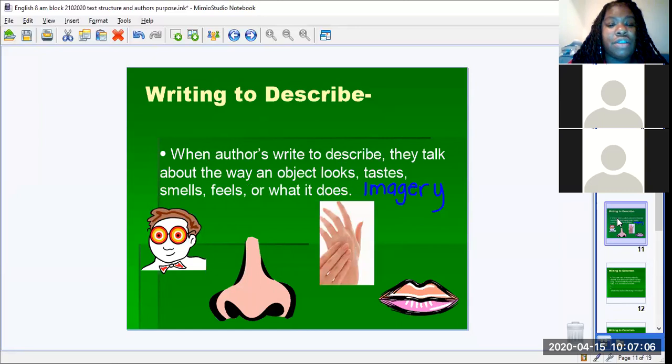When authors write to describe, they talk about the way an object looks, smells, tastes, feels, and what it does. In other words, it uses this thing called imagery. I don't know if that word sounds familiar to you, but imagery is basically when you use all the five senses as you're reading a particular story or a topic.